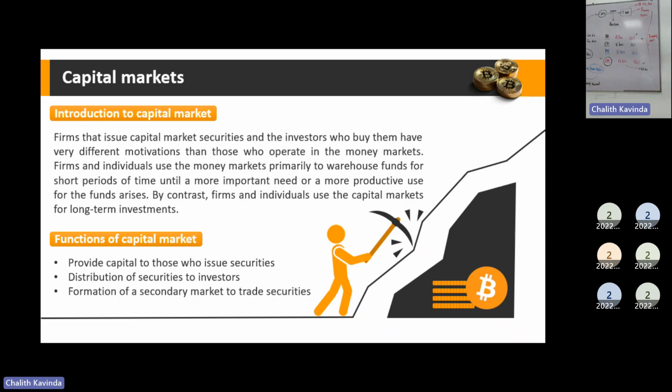But in capital markets, you have to take time, be a little patient, and be more analytical. Firms and individuals use money markets primarily to warehouse funds for a shorter period, until a more important need or more productive use for the funds arrives.